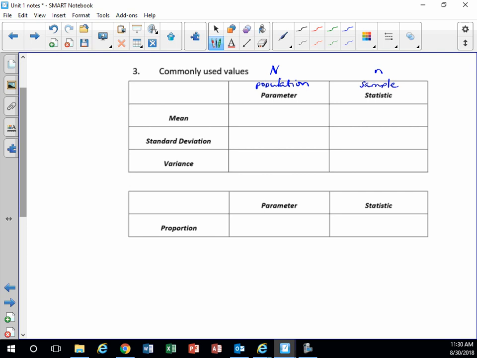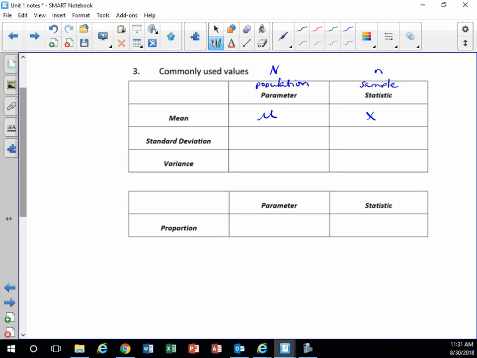So mean. Do you guys remember what a mean is? Average, okay. If we're talking average of the population, our parameter, you use a Greek letter, and it's mu. If you're looking at just the statistic from the sample, it's called X bar.